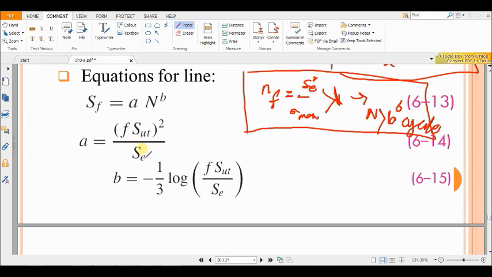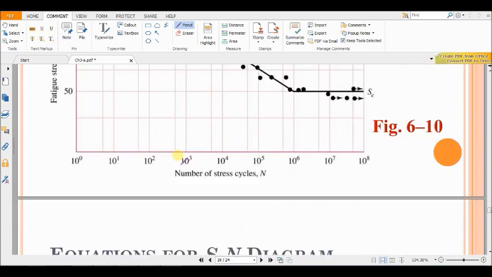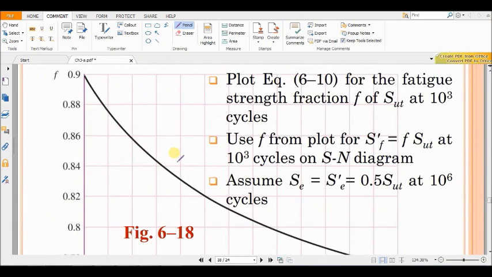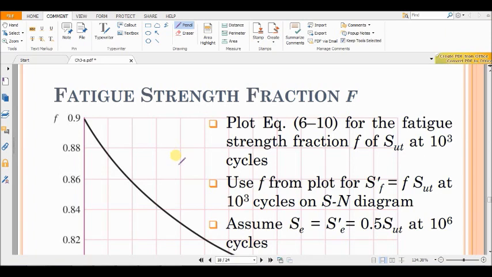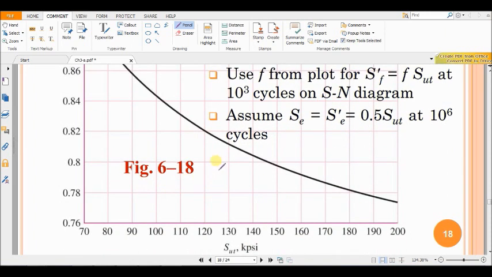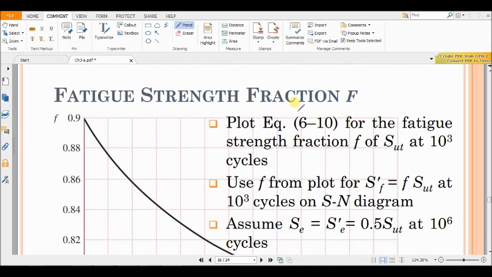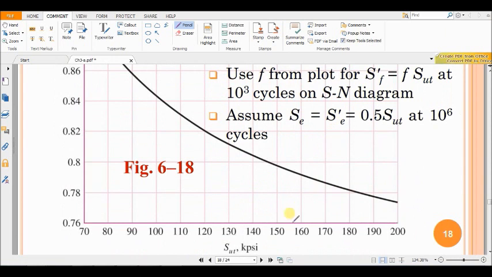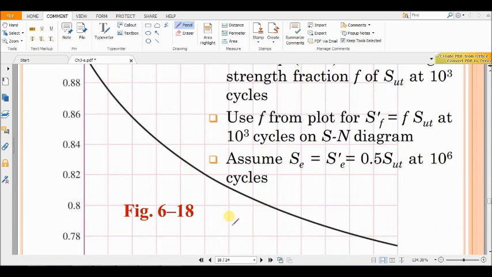Equation of parameter A: Sut is the ultimate strength, Se is the endurance strength, and what is f? To find f, which is the fatigue strength fraction, you have to refer to figure 6-18. This fatigue strength fraction is a function of ultimate strength.